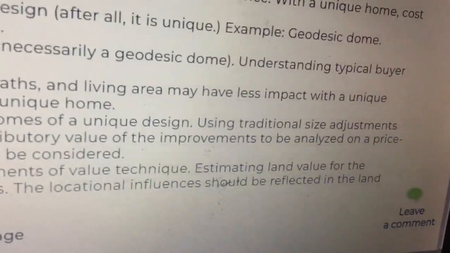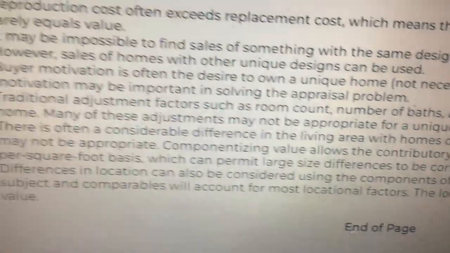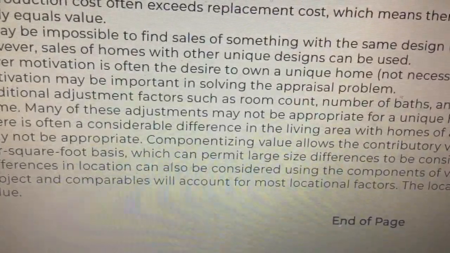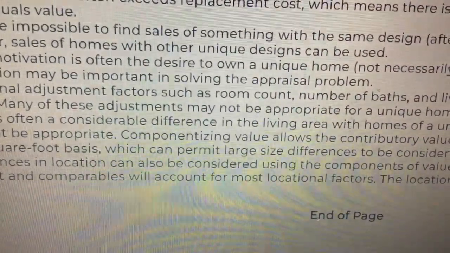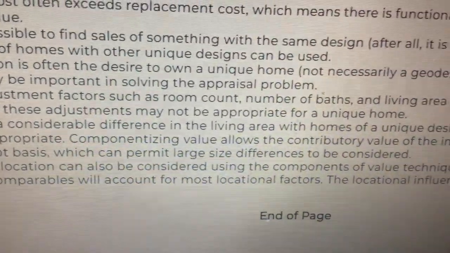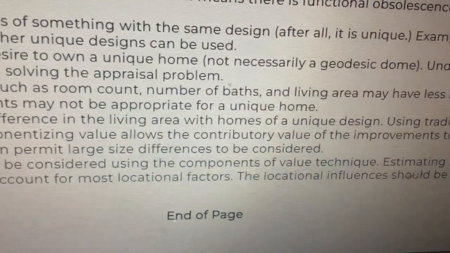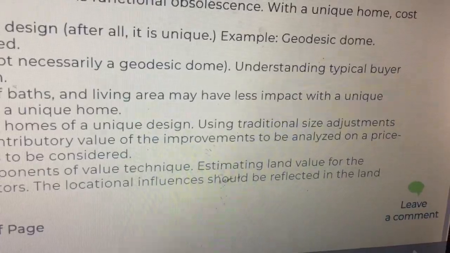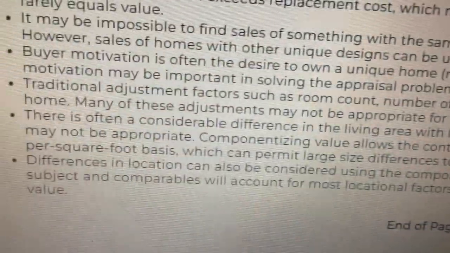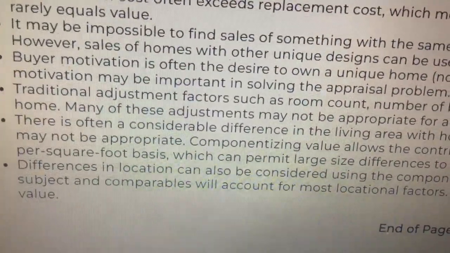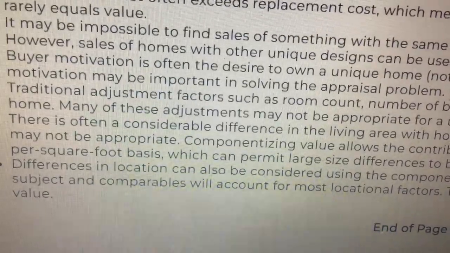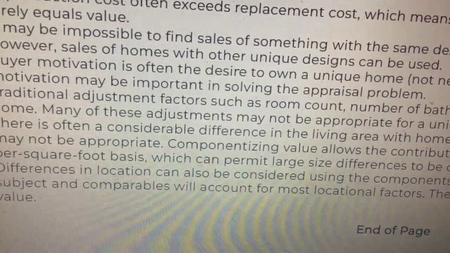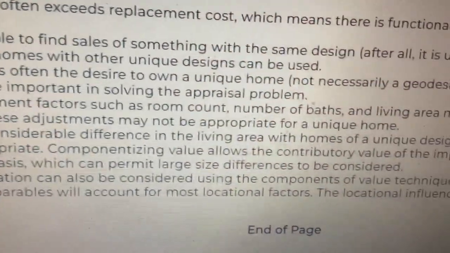Using traditional size adjustments may not be appropriate. Componentizing value allows the contributory value of the improvements to be analyzed on a price per square foot basis, which can permit large size differences to be considered.